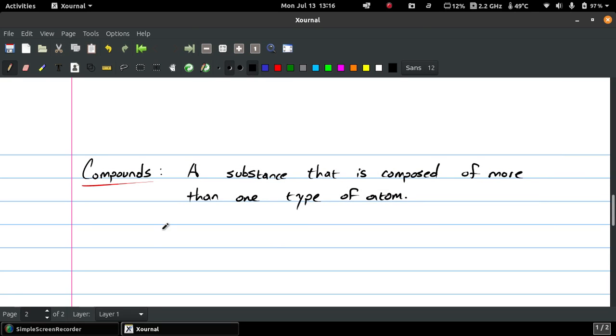Alright, so for instance, we're going to pretend these are atoms. We'll have a red one, a blue one, a black one, and a white one. So these are all different atoms, right?